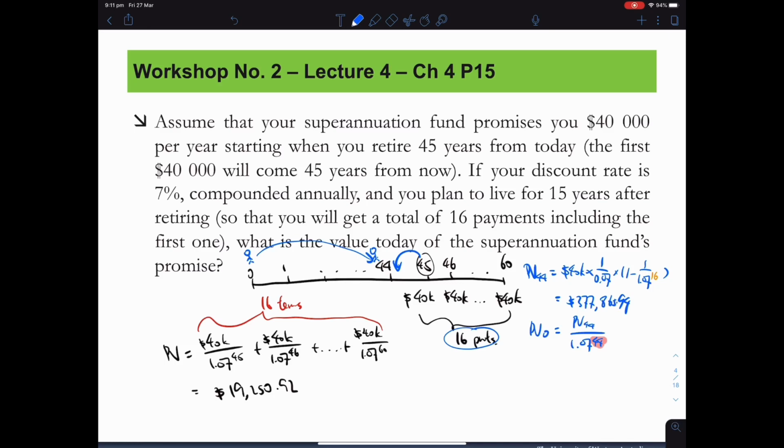It's 44 because we need to time travel to 44 years such that the first cash flow in 45 years' time becomes 1 year from 44. And that will give you the same answer. I'm not going to write it out. Those two questions illustrate how you can handle a stream of cash flows that looks like an annuity but isn't one.